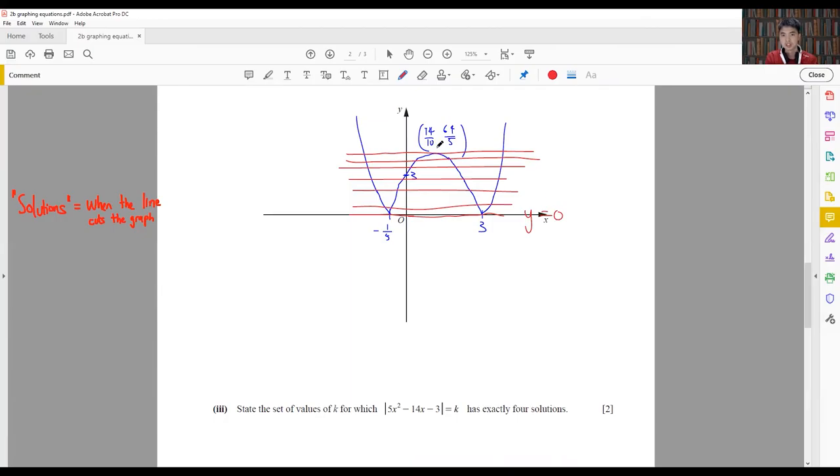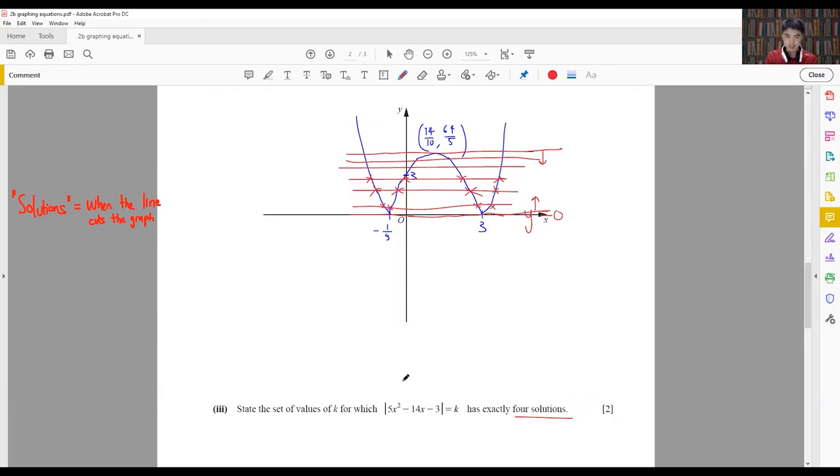Okay? So since we have the coordinates already, we can determine that everything in between these 2 limits are the values of k for which you have 4 solutions. See, 1, 2, 3, 4, and so on and so forth for everything in between here and here.